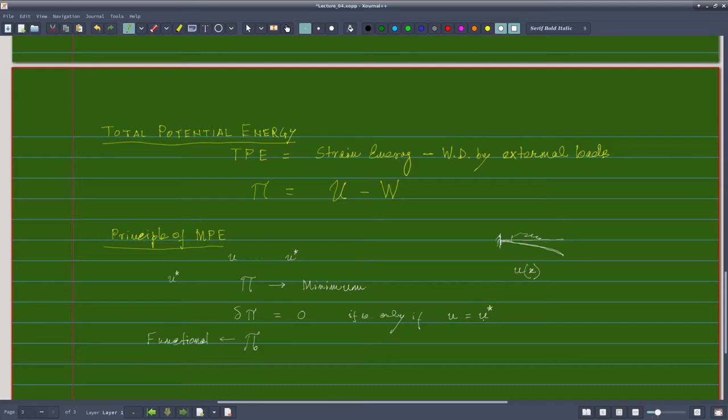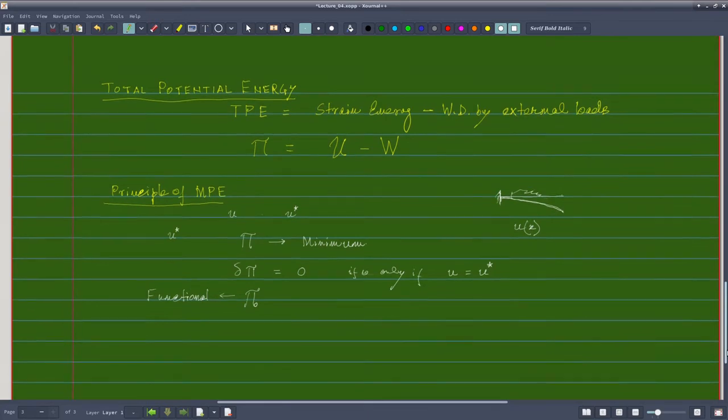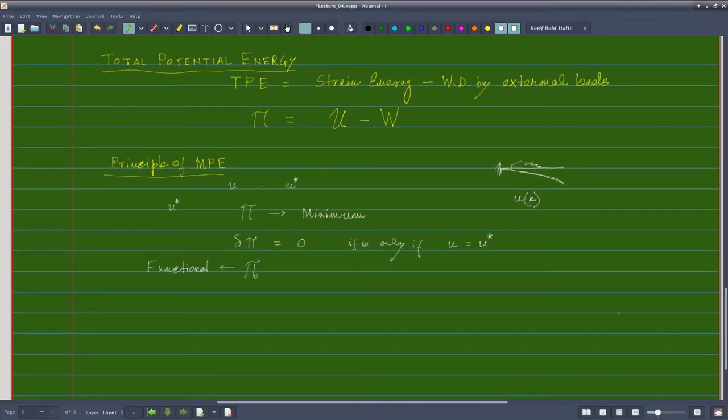True doesn't mean that it is the exact displacement field, because the Rayleigh-Ritz method is an approximate method. So here I can write that this u star is my displacement field for stable equilibrium.